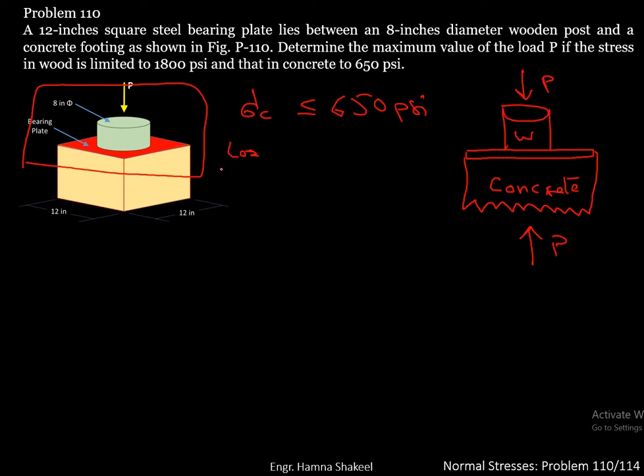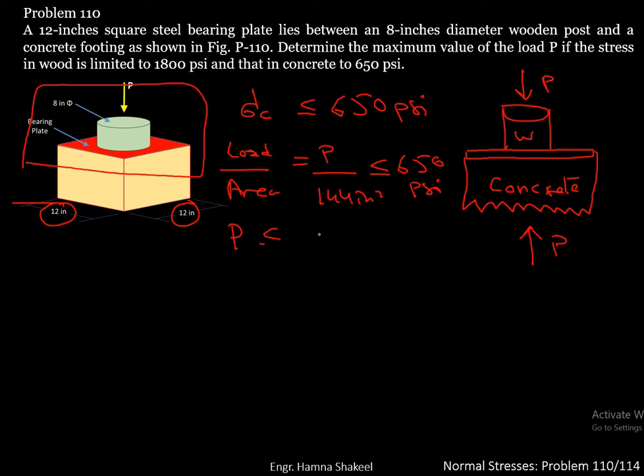Stress is load by area. Load is equal to P and the area of this concrete block is 12 into 12, which gives you 144 inch square. This is less than or equal to 650 psi. When you solve this, you get a value of P less than or equal to 93,600 pounds. And this is the limiting load for concrete.